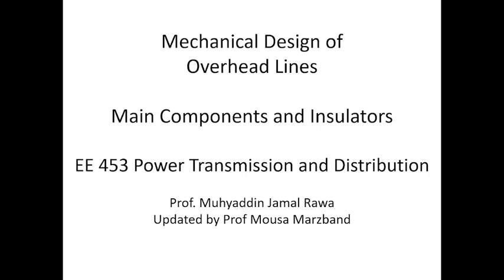A key focus is placed on insulators, particularly the concept of potential distribution across a suspension insulator string, which directly affects performance and insulation strength. The lecture also introduces the concept of string efficiency and discusses why unequal voltage distribution can reduce overall effectiveness.